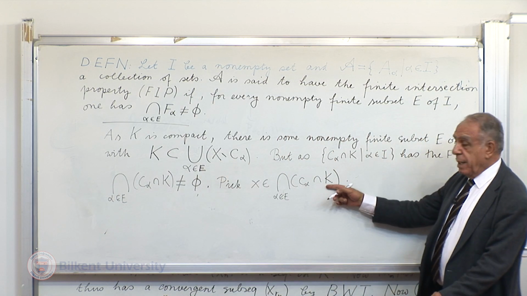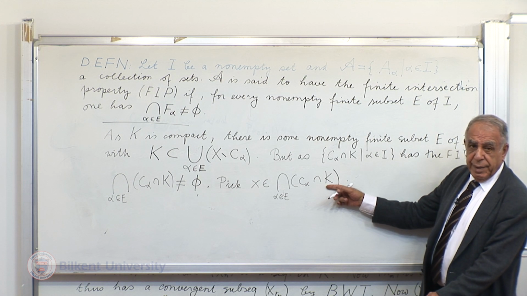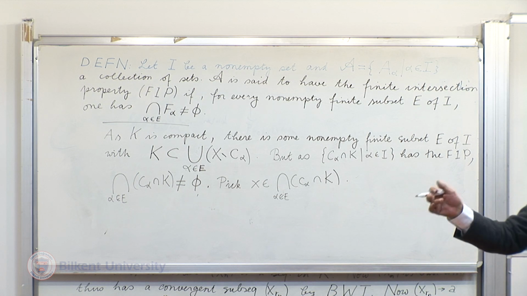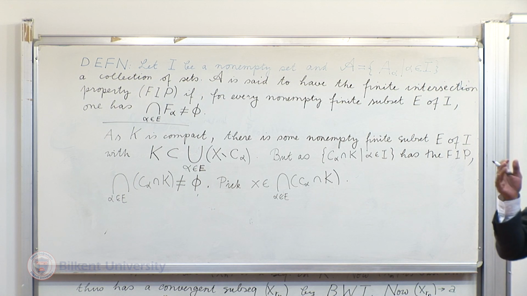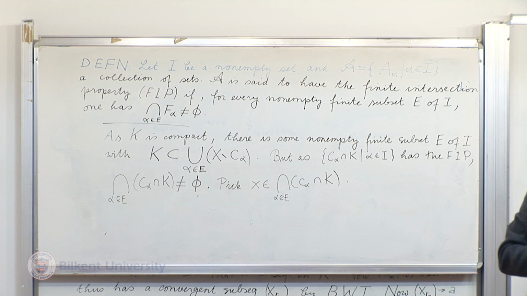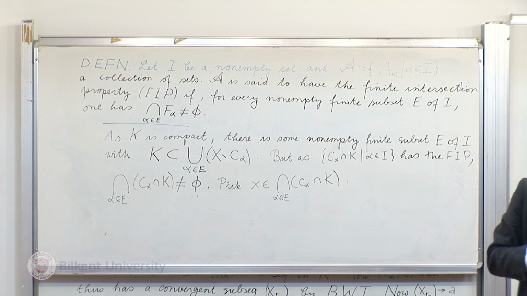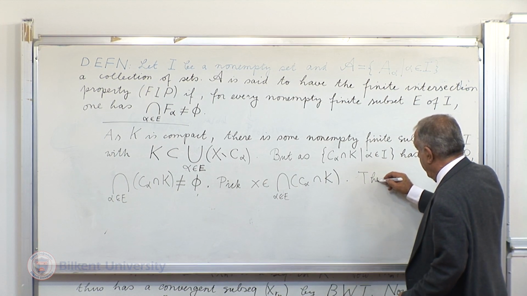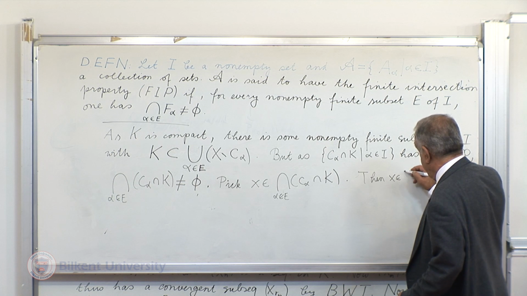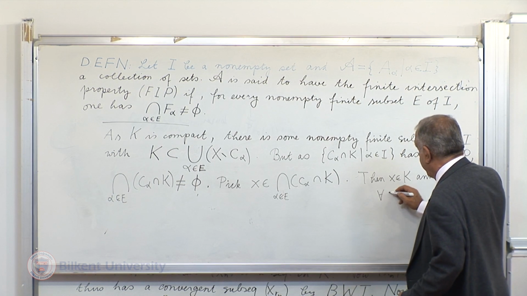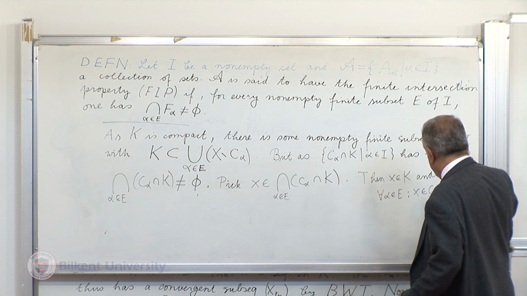Yes. x is in K. x is in each C alpha for alpha in E. So x does not belong to any of the complements of C alpha when alpha is in E. Then x is in K, and for all alpha in E, x is in C alpha.